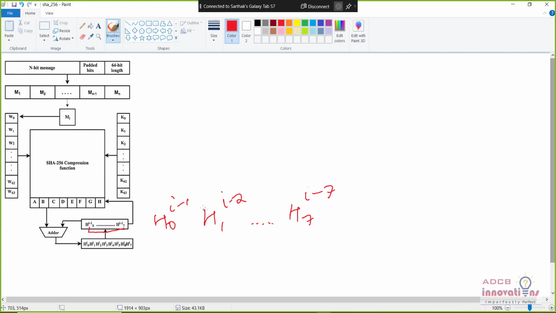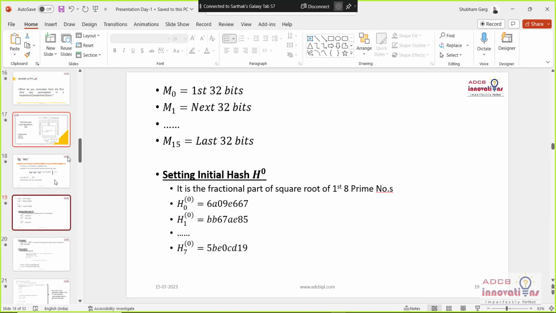Sorry, not i minus 7, it is i minus 1 only, where i is for the ith iteration. So this is how these things are written. Now let me go back to the presentation and show you what it actually means.